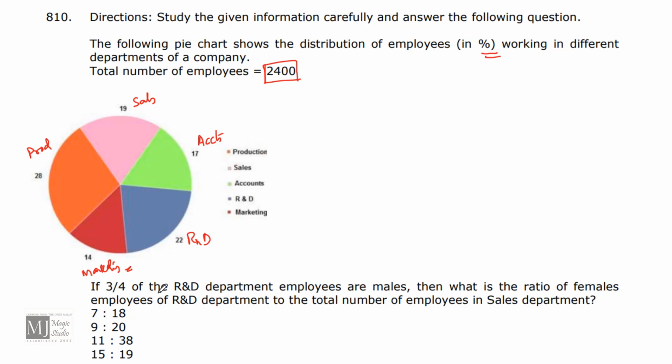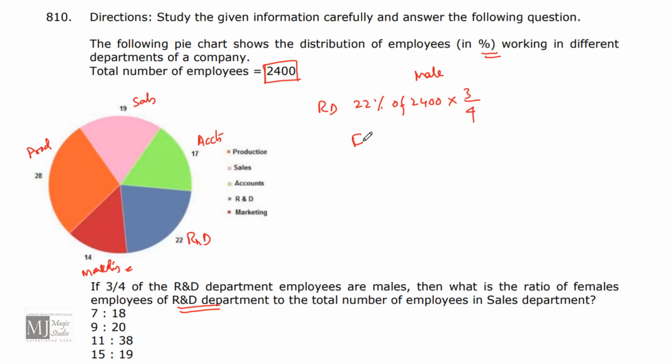If 3/4 of the R&D department employees are male, R&D is 22%. 22% of 2400 into 3/4 are male. Then what is the ratio of female employees of the R&D department?